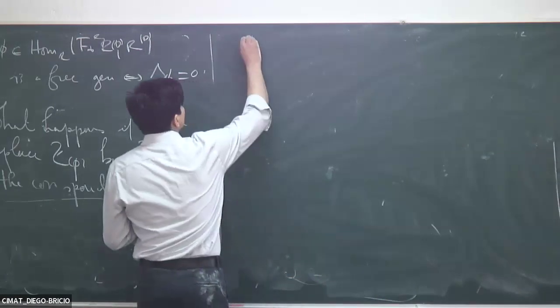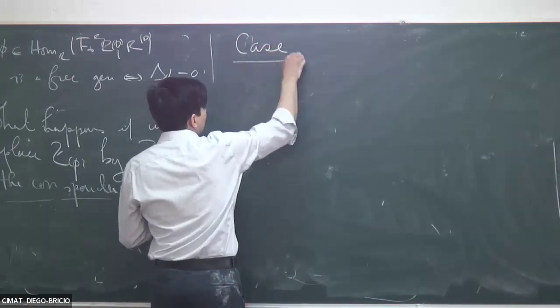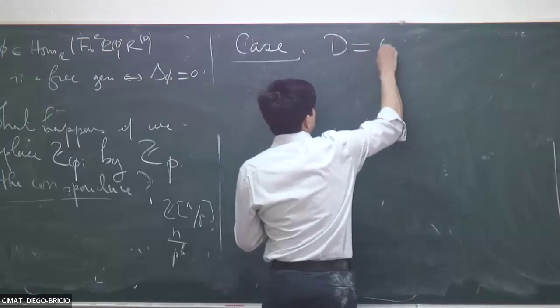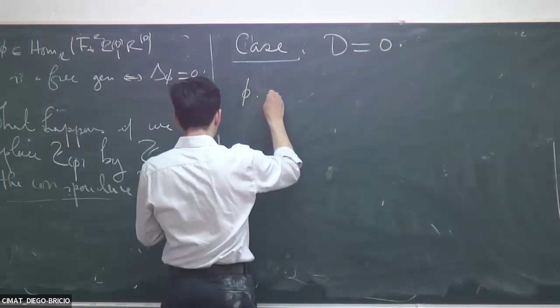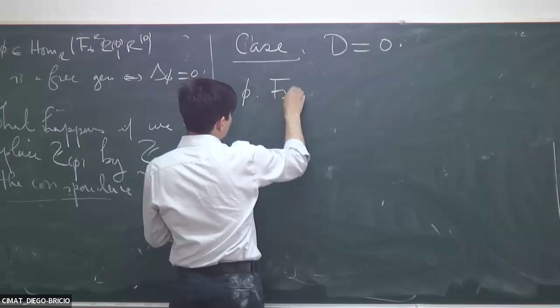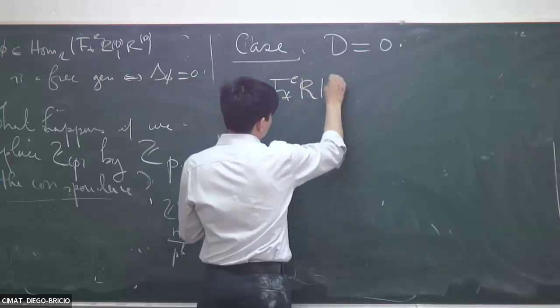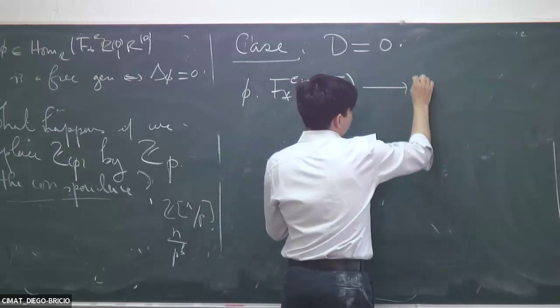So let's do the case D equals 0. What this means is that if you have a P that goes from here, remember that you have RD, right?